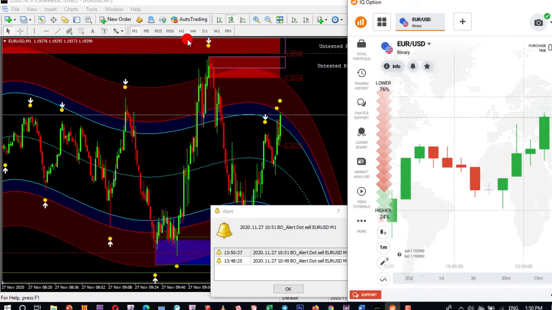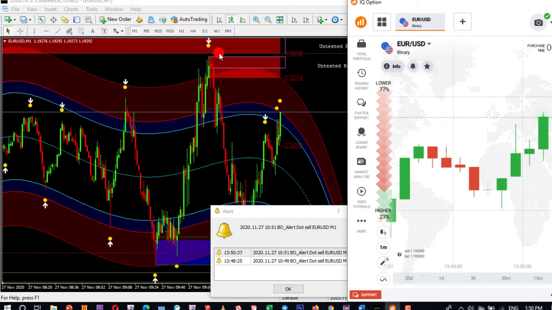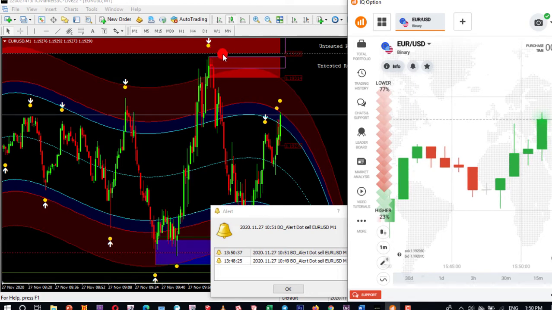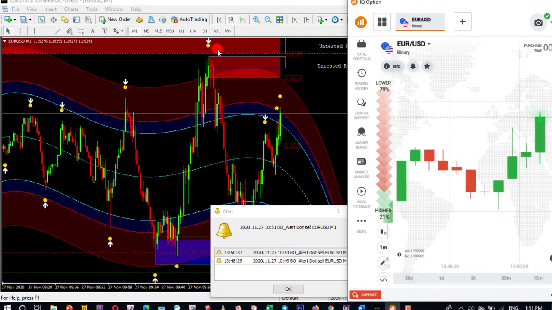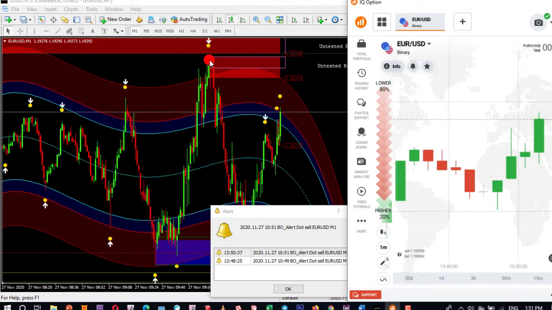You can also place the trade when there is a rejection from the support. If there is a rejection from the support, you can place the trade like this one. Here there is a rejection from the support, but it is not near this support, and the next candle also has a rejection.